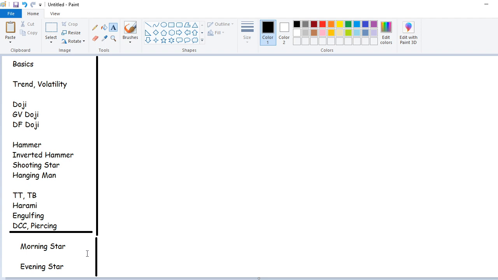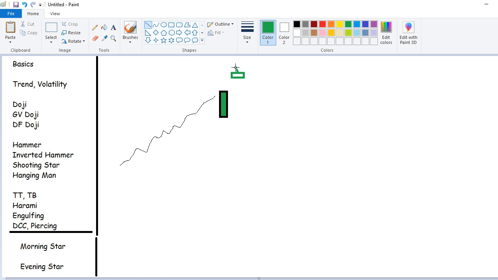Now, what is morning star and what is evening star? It's so simple. Let's suppose the trend is an uptrend, that means the stock is continuously going up. As usual there will be a green candle. Next day there is a gap up, but the candle is very small, or a kind of doji.